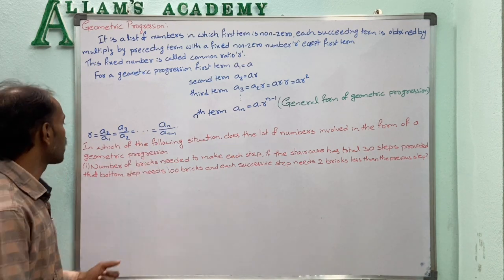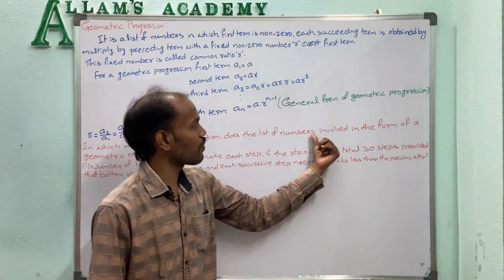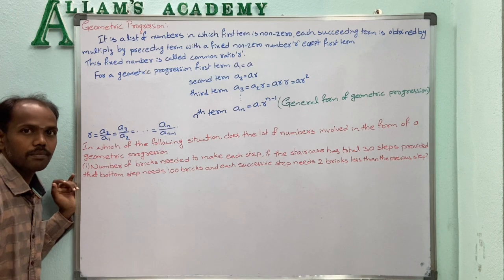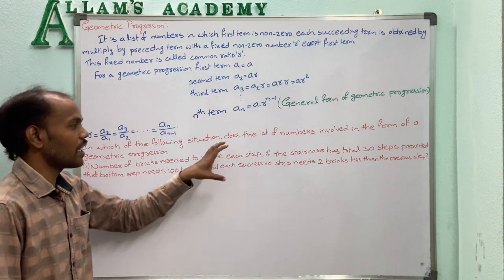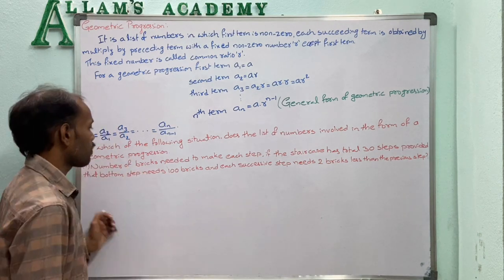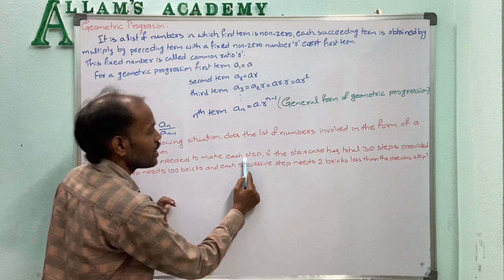Now I want to give a problem. In which of the following situations does the list of numbers involved form a geometric progression? That is the question asked. So here we check whether the given information forms a geometric progression or not. The problem is the number of bricks needed to make each step.